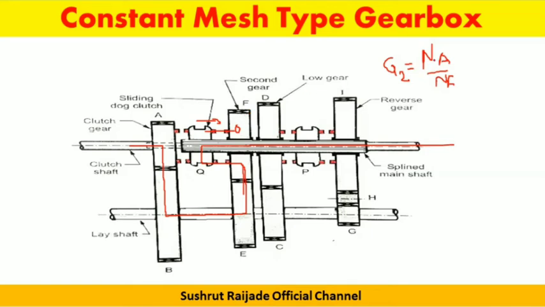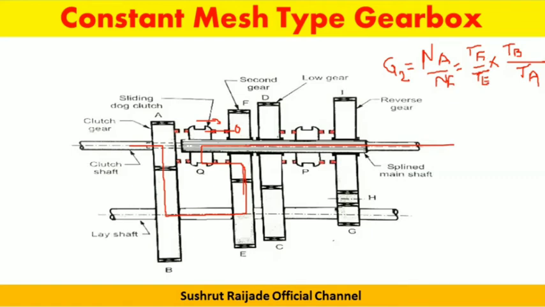So NA upon NF equals TF upon TE, into TB upon TA. This will be the gear ratio for the second gear arrangement.